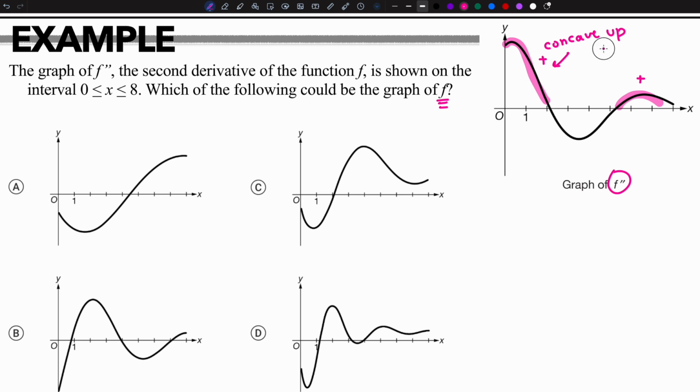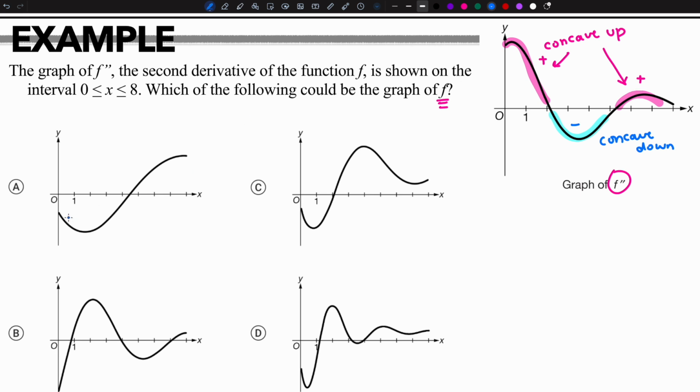So it's concave up there, and the original graph is concave up here. Below the x-axis is going to be concave down, because it's negative. So which of the following functions is concave up, then concave down, and then concave up?